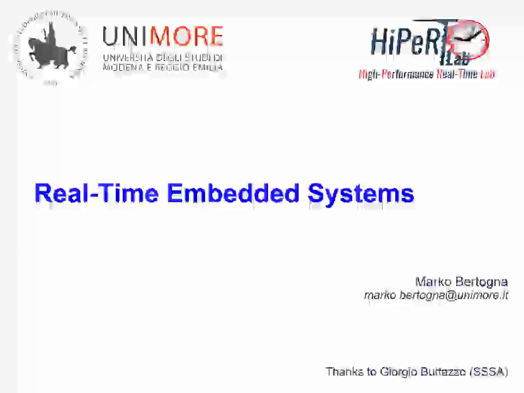Okay? So look, you have different kinds of delay here. Pay attention. You have a delay due to the execution time of the task, from sampling here to actuation here.